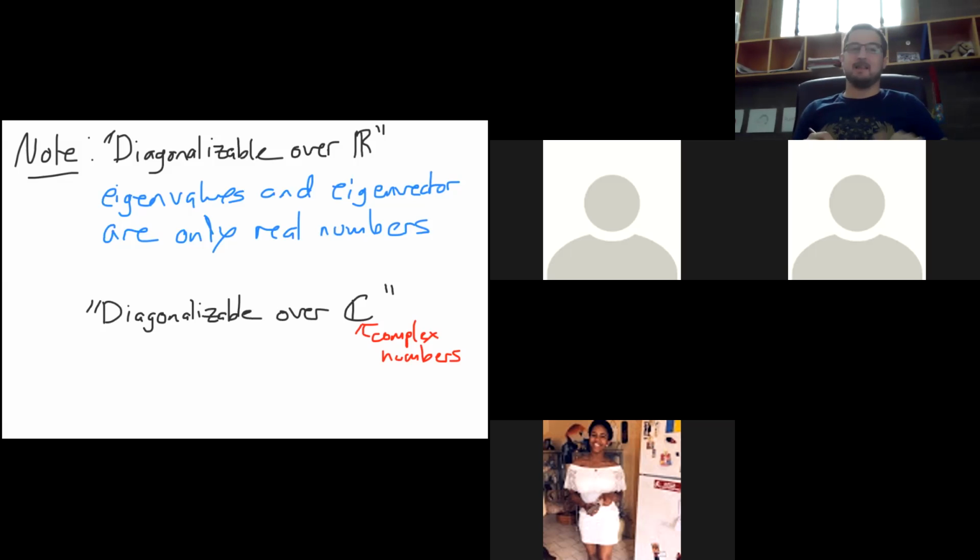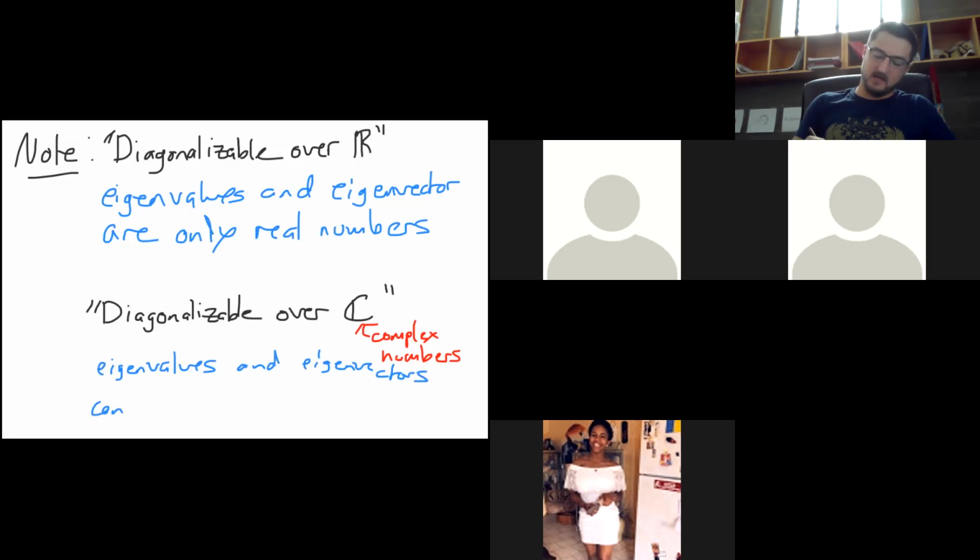You're going to see that in any class that you go to. That's a very, very, very common symbol to represent that set. And when we say diagonalizable over the complex numbers, eigenvalues and eigenvectors can be imaginary numbers.